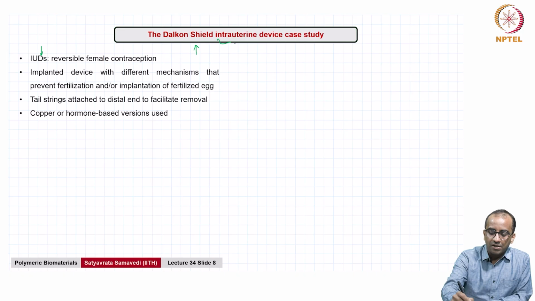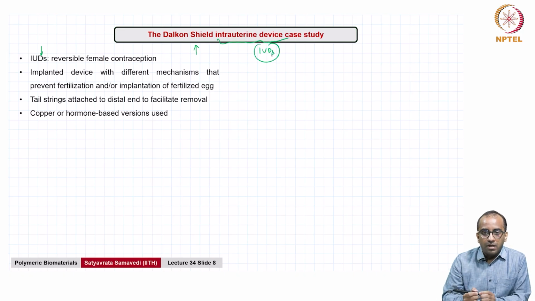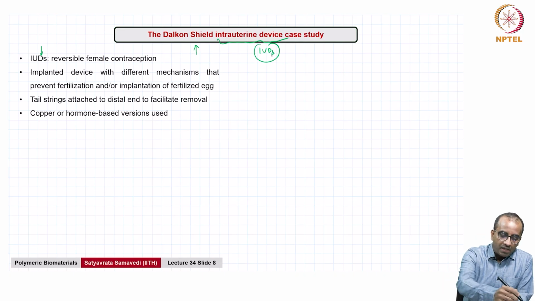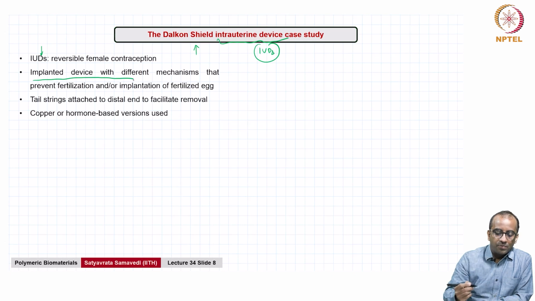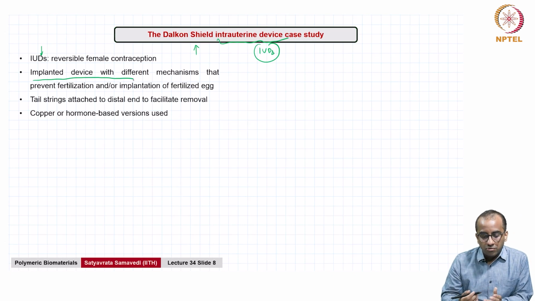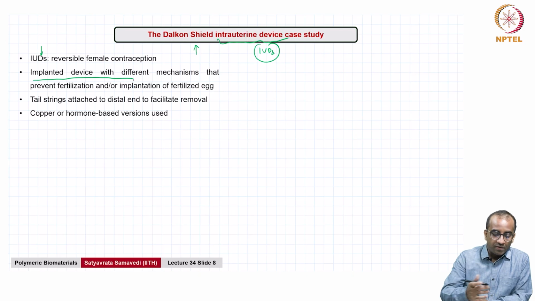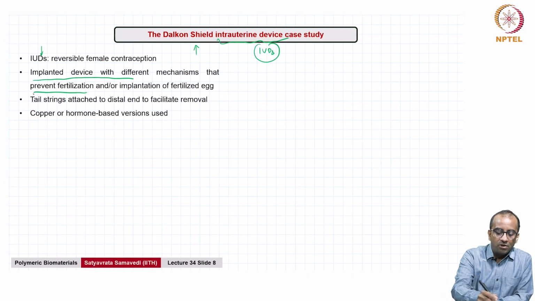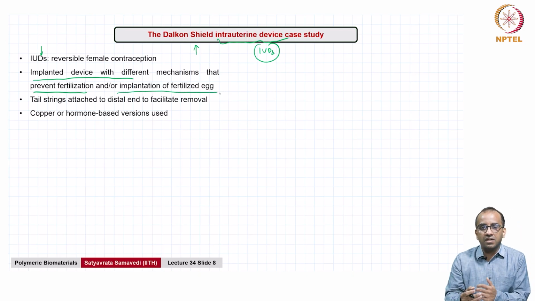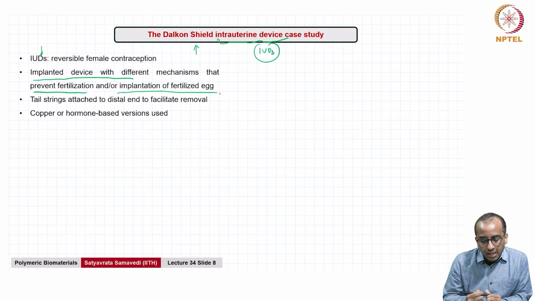Essentially, they are used for reversible female contraception, and they are typically implanted and they have different mechanisms through which they act, particularly inducing some kind of a mild chronic inflammatory microenvironment within the uterus, either to prevent fertilization and or implantation of a fertilized egg in case fertilization occurs.